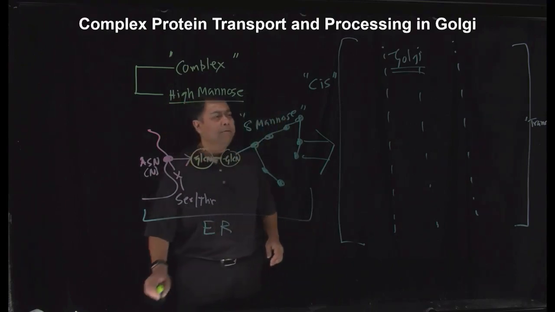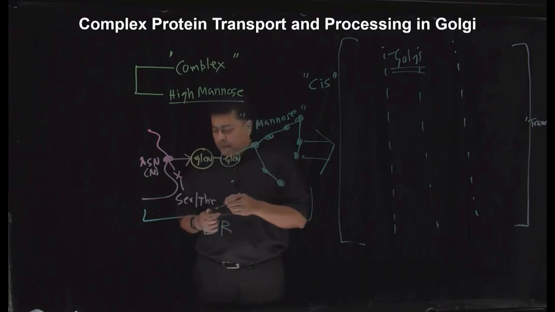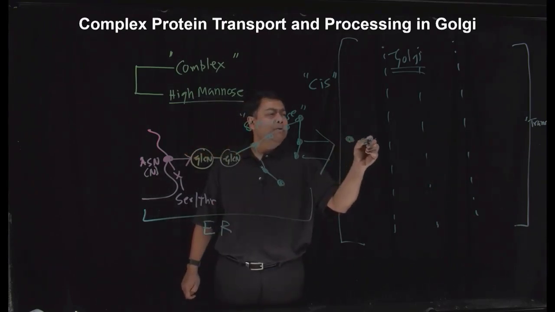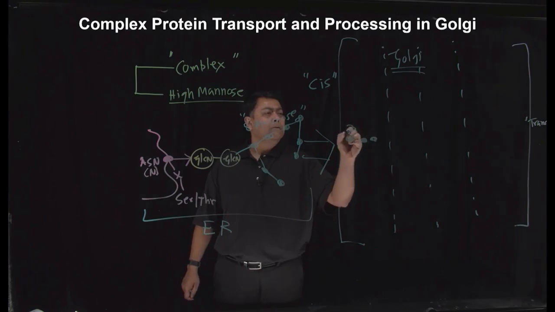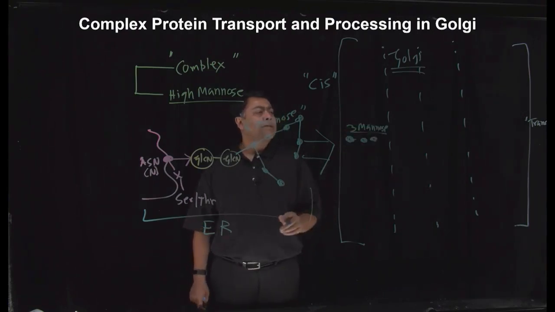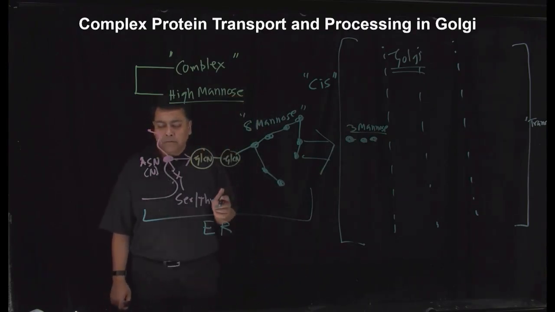So what are these modifications? The first modification that is done is that 3 mannose right here will be removed by what is called the Golgi alpha mannosidase. So 3 mannose will essentially be removed.